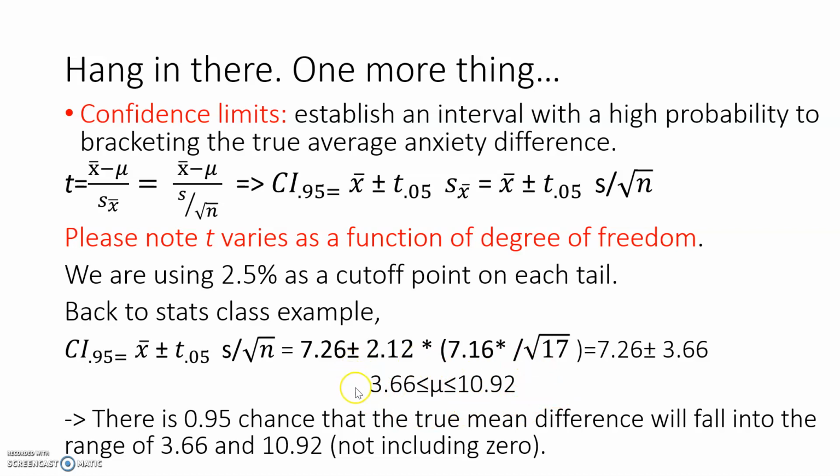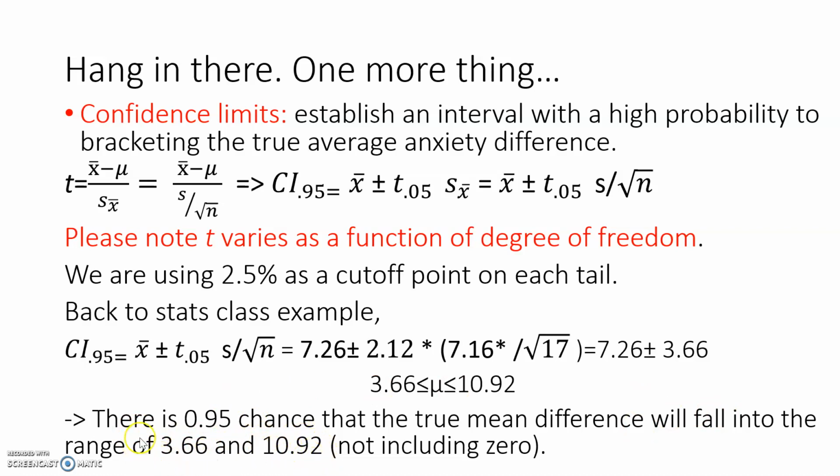Okay, so how to report this confidence interval? We say that there is 0.95 chance that the true mean difference will fall into the range of 3.66 and 10.92.